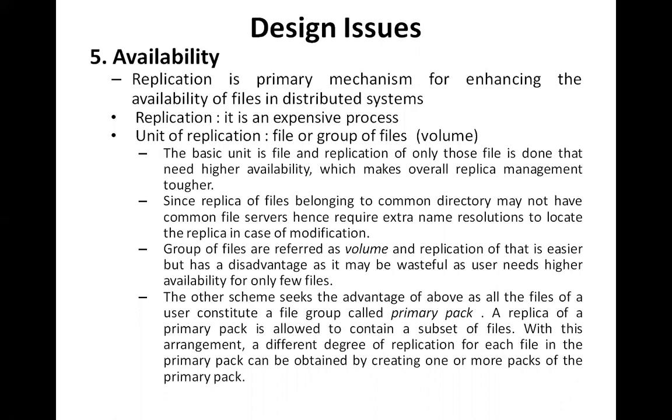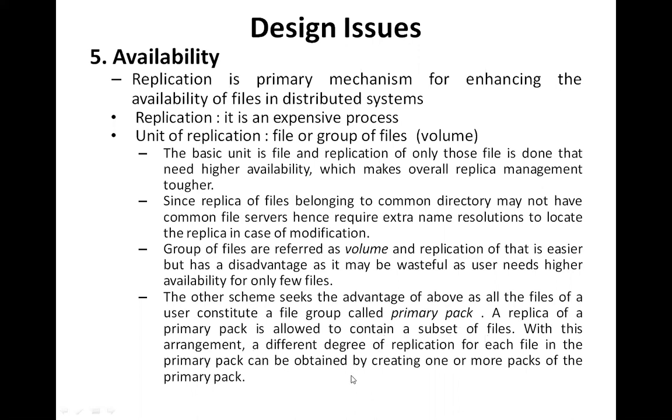The schemes are one using the file as the basic unit, and the second using the volume. This scheme says that instead of going for a single file or for the volume, why not make a group of files, and that group of files is known as the primary pack, which is required by a certain client. A replica of the primary pack, which is a group of files, is going to be allowed, and it contains only a subset of the files available on the server side.